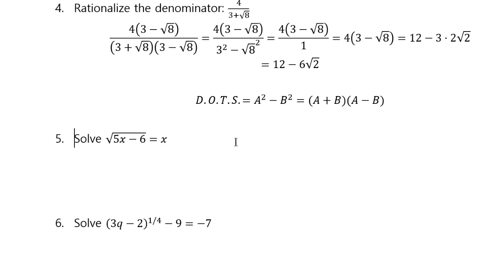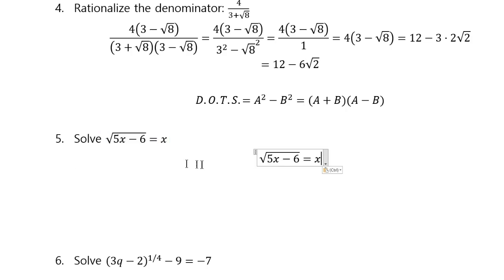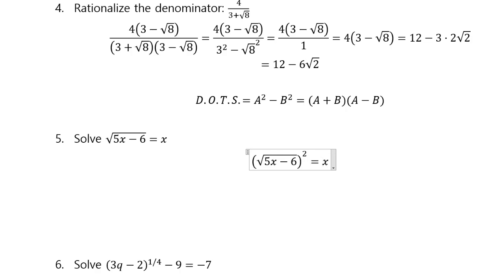Now here we have an equation where you have a square root. How do you solve this? Well, just remember that square roots cancel if you square them. So I'm going to take this equation and square both sides. An equation is still an equation, the equal sign is preserved as long as you're treating both sides exactly the same.